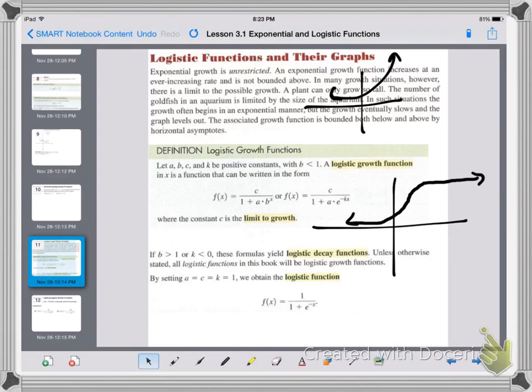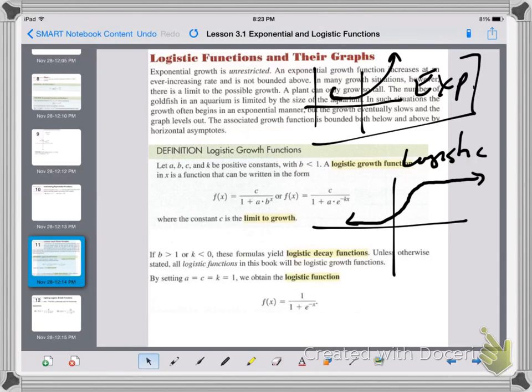It's going to look kind of like this real flat, S-shaped graph. So this is exponential, and then this is logistic. So those are the differences between the graphs. We already dealt with these. Now we turn our attention to these logistic ones.